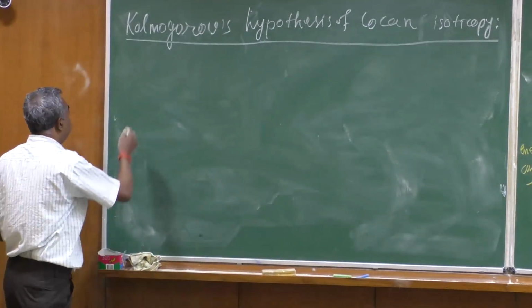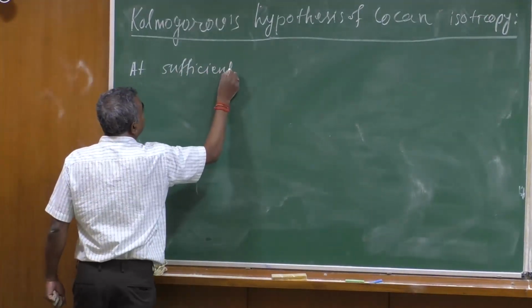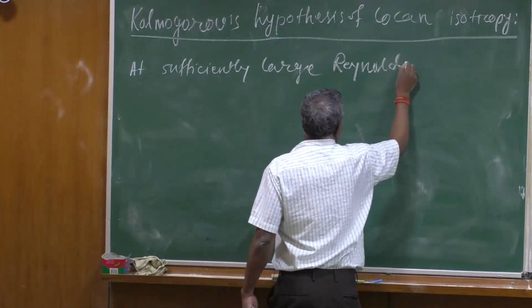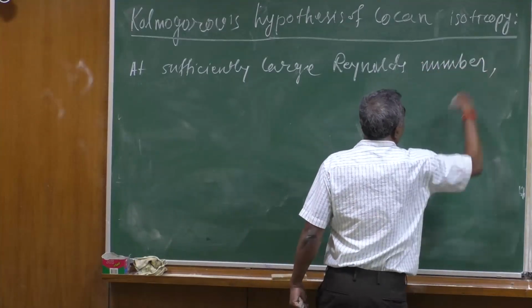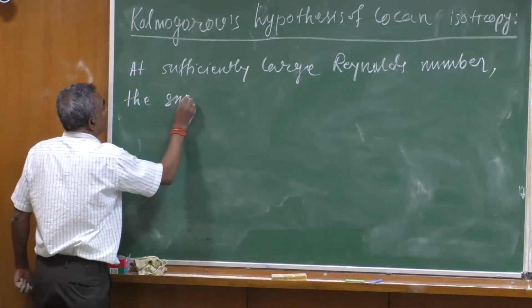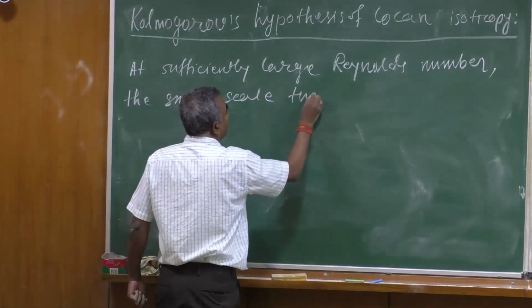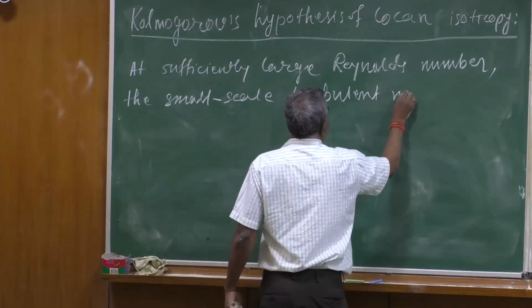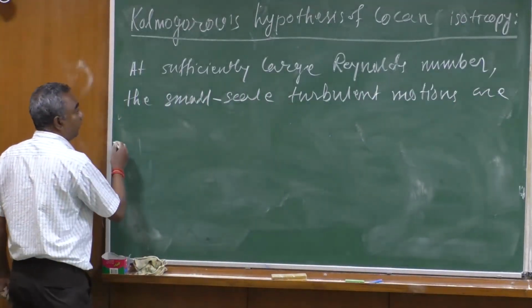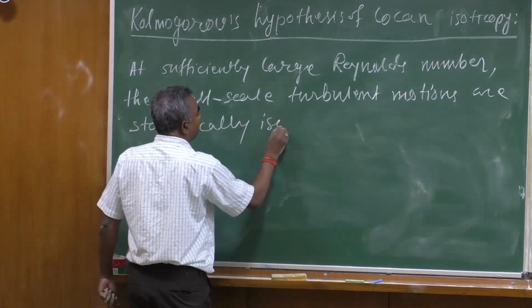Let me write the statement: at sufficiently large Reynolds number, the small scale turbulent motions are statistically isotropic.